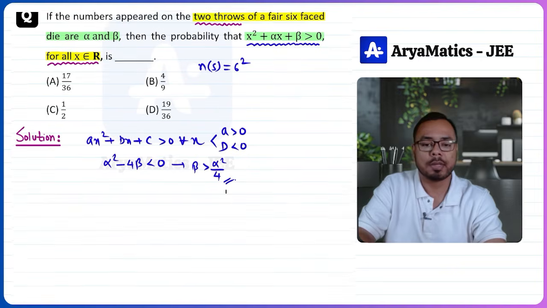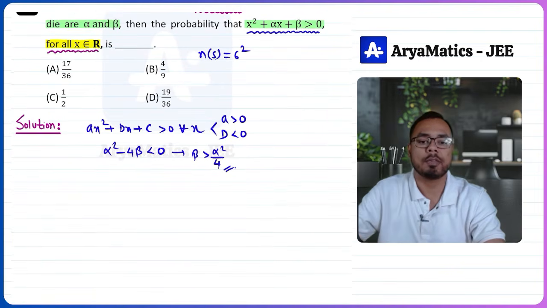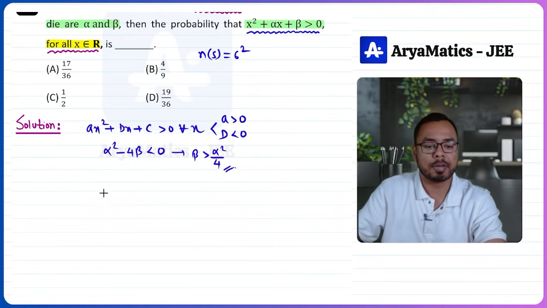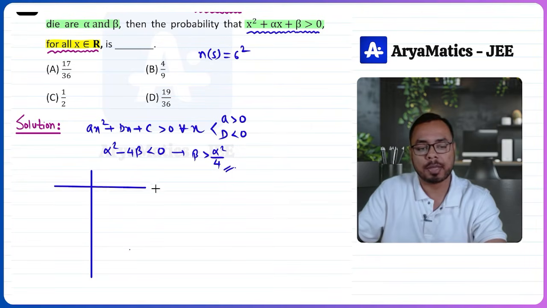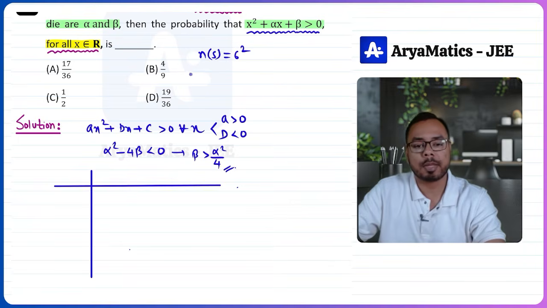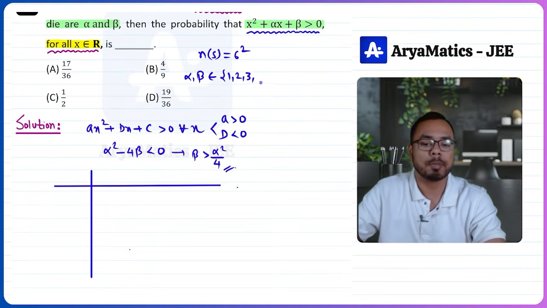So now let us take different values of alpha and then see what are the different values of beta that will satisfy that condition, right? So on one side we'll write values of alpha, and on the other side we'll write the corresponding values of beta, satisfying the condition that beta is more than alpha square by 4. Also remember that alpha and beta will be any one of the first six natural numbers, right?